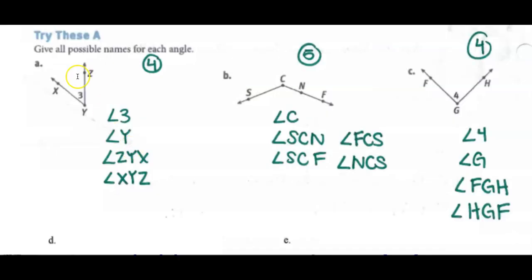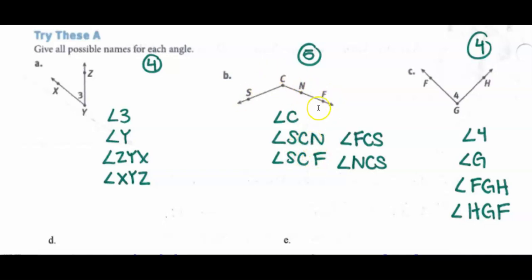Okay, so here are the answers for Part A. You have angle 3, angle Y, and angle XYZ or ZYX. So those are the 4 names. On Part B, you can have angle C, you can have angle SCN, no, SCF, or SCF. Okay, so you get to pick either N or F here.